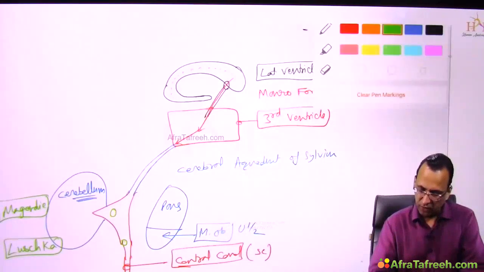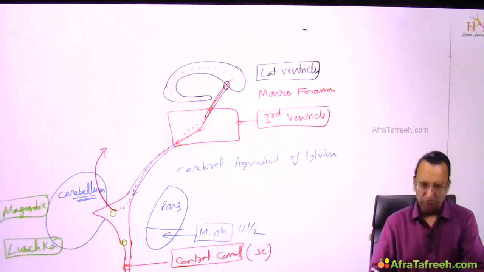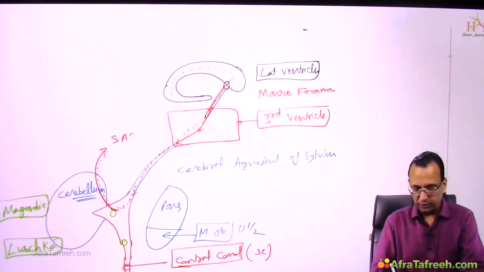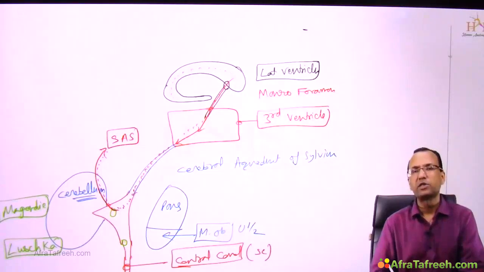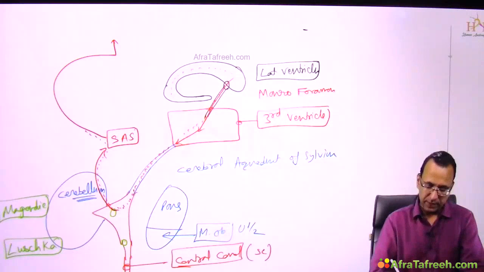As you are following the CSF, it has come and was there in the fourth ventricle. It is escaping at the roof of the fourth ventricle through the foramen of Magendie to enter what is called the subarachnoid space.